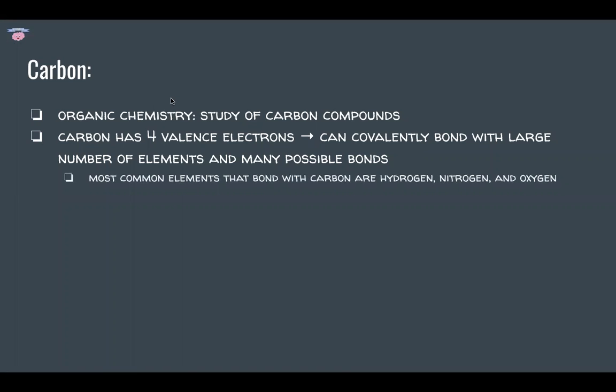The most common elements that bond with carbon, like I mentioned, are hydrogen, oxygen, and nitrogen. Carbon skeletons are basically molecules made up of carbon that have a large variety. And the reason there's so much variety is these reasons.